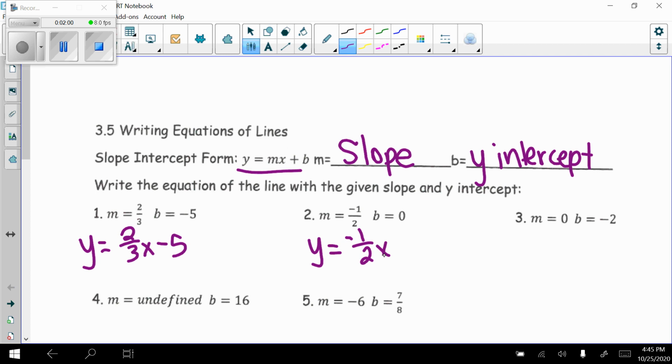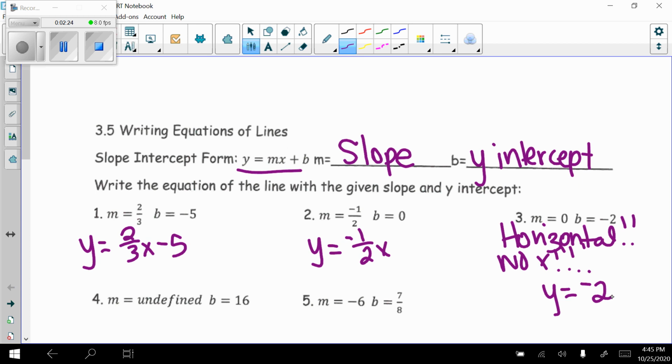Remember what type of line this is? Horizontal. So I know this is going to be a horizontal line. Horizontal lines only have the variable y, no x. So there is no x in the equation. My equation is simply y equals the y value that they give me, -2.